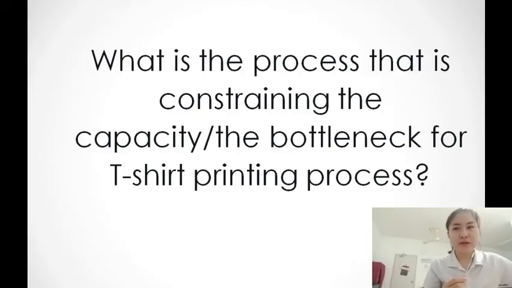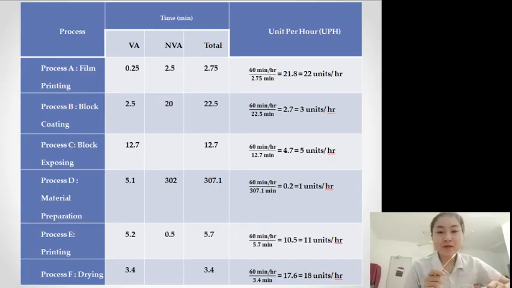Question number 3 is, what is the process that is constraining the capacity, or the bottleneck, for the t-shirt printing process? To identify the bottleneck of this process, we list out all the processes from A to F, then total up the value added and non-value added time for each process.